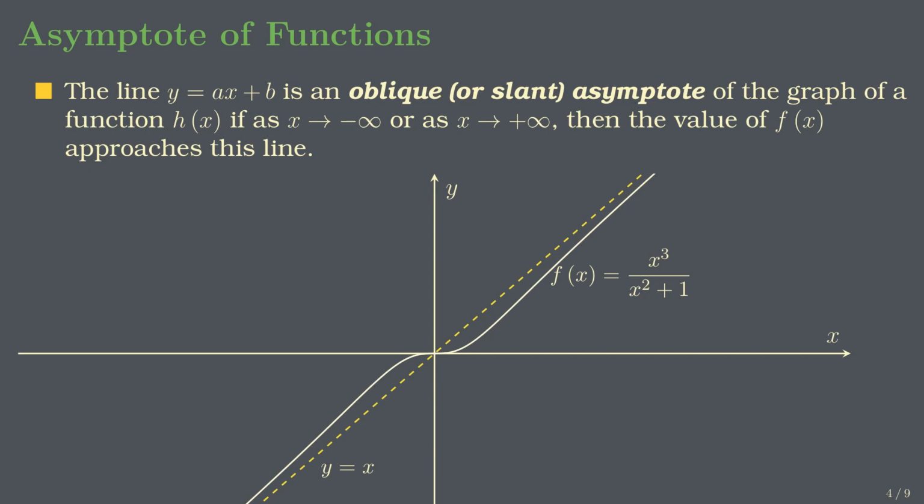The line y equal ax plus b is called an oblique asymptote if the graph of h(x) stays close to the line when x goes to infinity. So for example, the line y equal x is actually an oblique asymptote of the function f(x) equal x cubed over x squared plus 1.